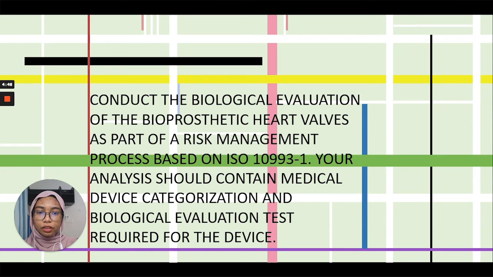Conduct the biological evaluation of the bioprosthetic heart valves as part of a risk management process. The analysis should contain medical device categorization and biological evaluation tests required for the device.